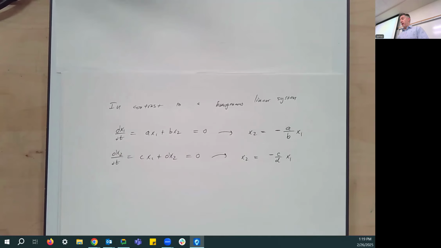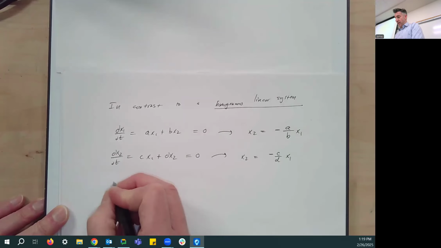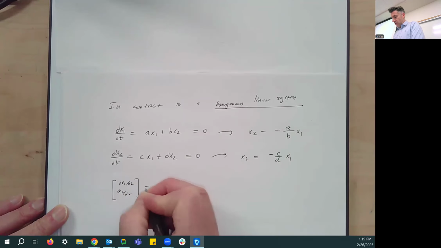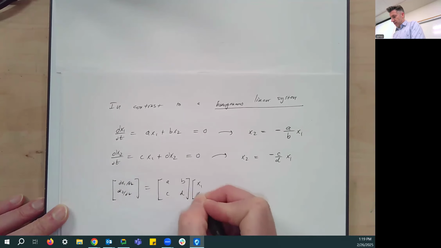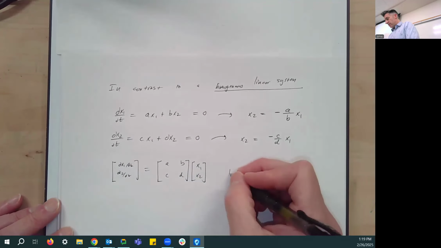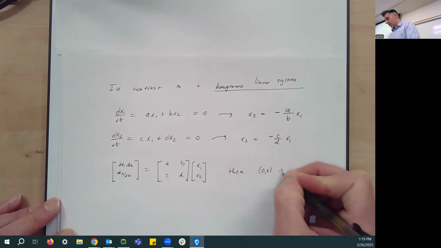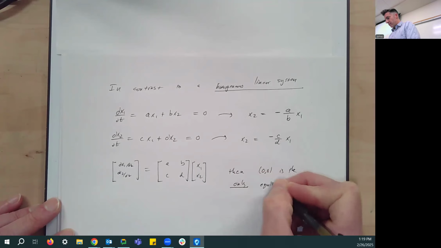So for a homogeneous linear system like this, which we could certainly write as the vector dx1/dt, dx2/dt equal to the matrix with entries a, b, c, d times the vector x1, x2, if you can write your system like this, then 0, 0 is the only equilibrium.